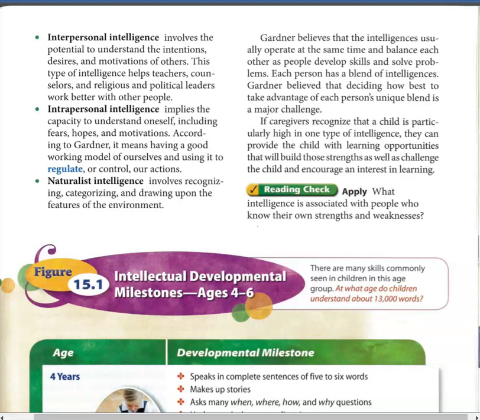Okay? This could even be managers, supervisors, CEOs of companies, the ones that are really good, the good bosses, the good teachers, the good counselors, the pastor or the priest or the senator that you really connect with. These are people that have a very high interpersonal intelligence.